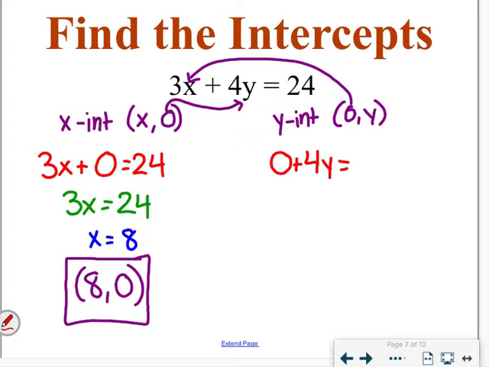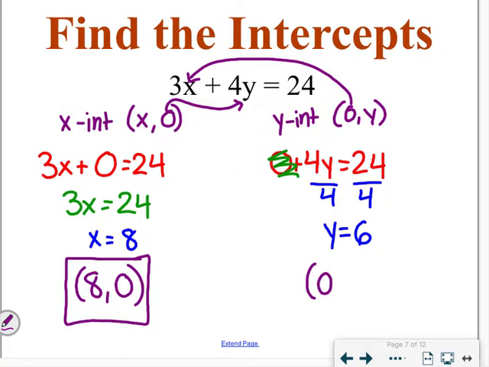Adding 4y is equal to 24. Again, the 0 does not really matter, so we can just cross that out. Dividing by 4 on both sides gives me an answer of y is equal to 6. So our final answer for the y-intercept is 0, 6.